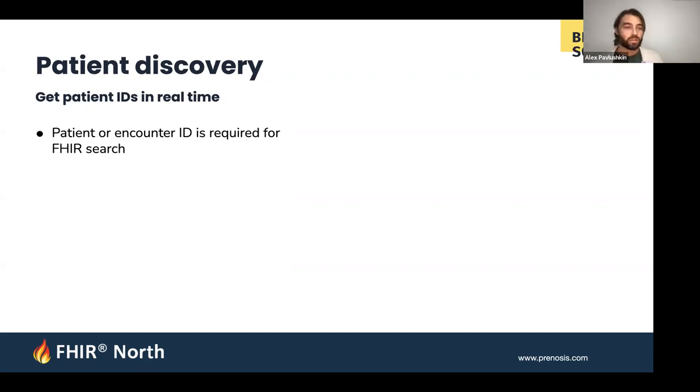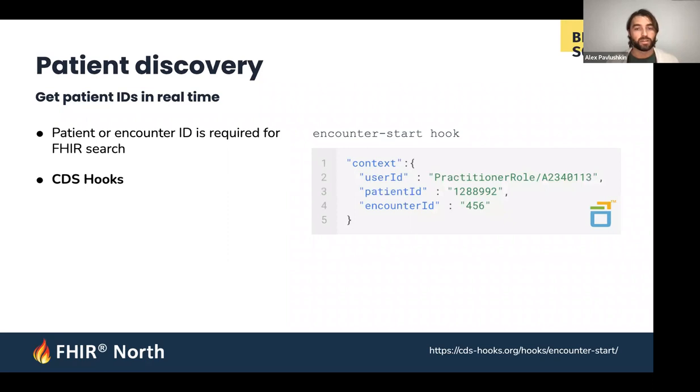So we found several approaches to handle it. First of all, we can use CDS Hooks. For example, the encounter-start hook can be run when a patient is admitted to the emergency department. We are not going to show any suggestions as a response for this hook. We just capture the patient ID and encounter ID that we can use for further queries.